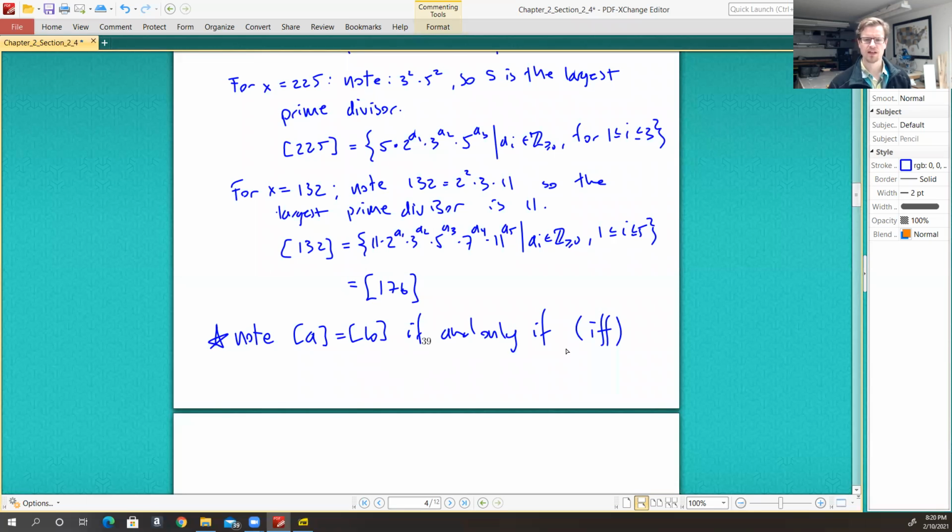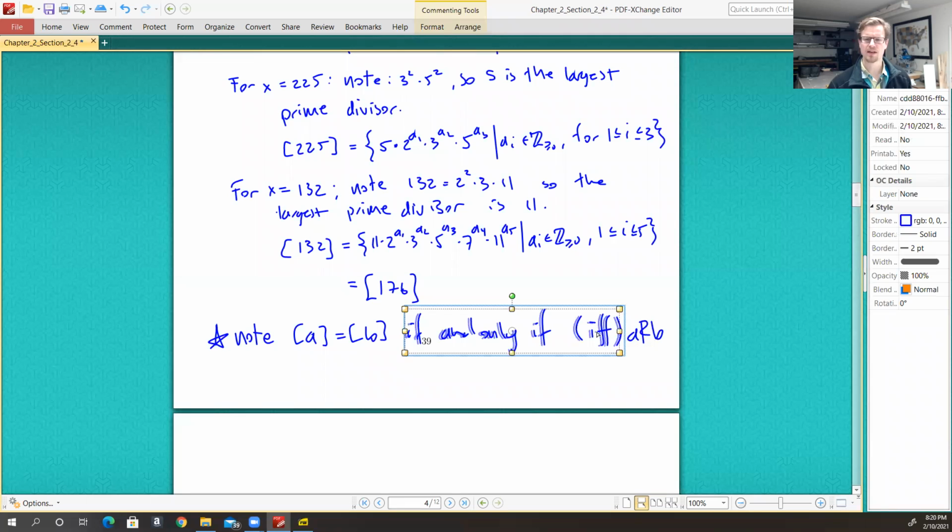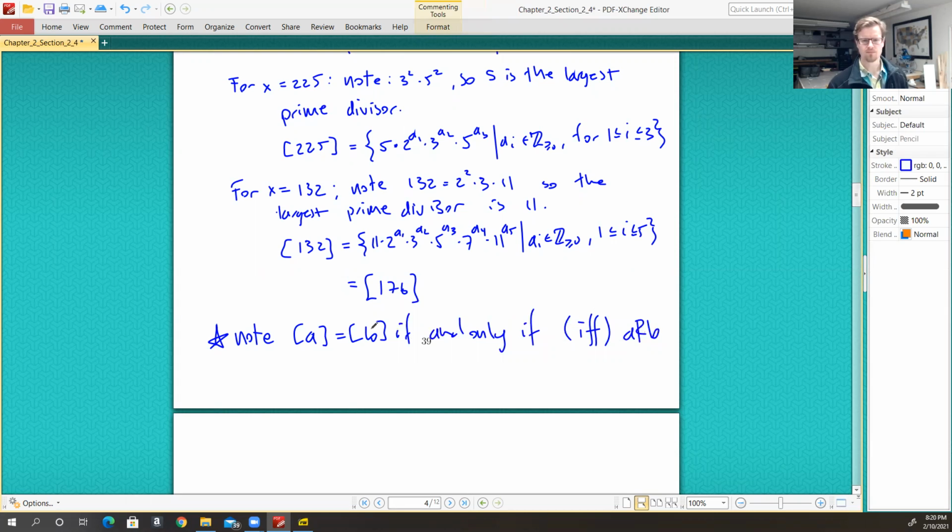That is, if and only if A is related to B. In this case, 132 is related to 176, as we already said.